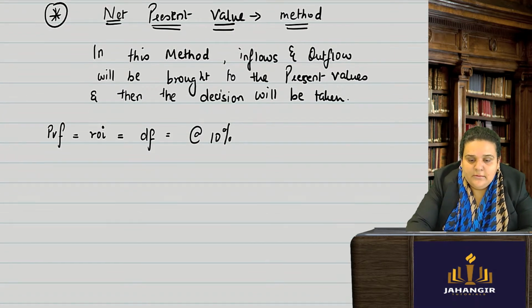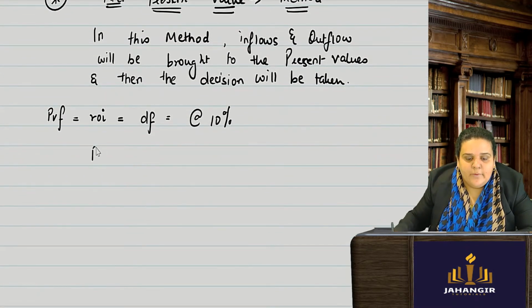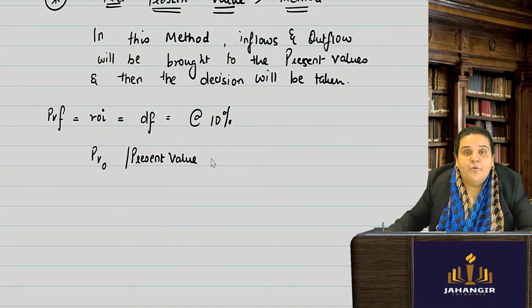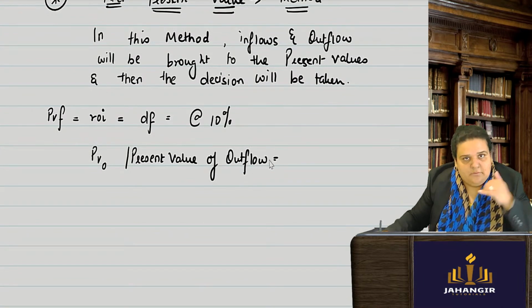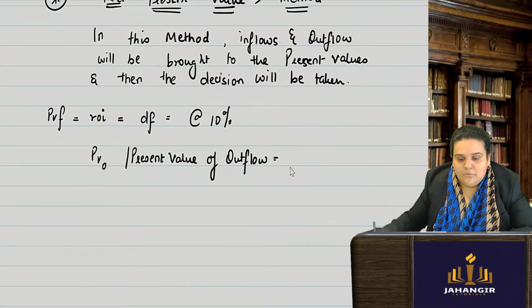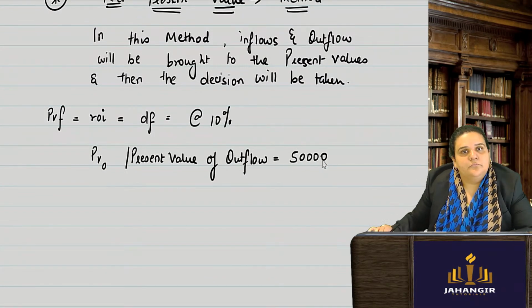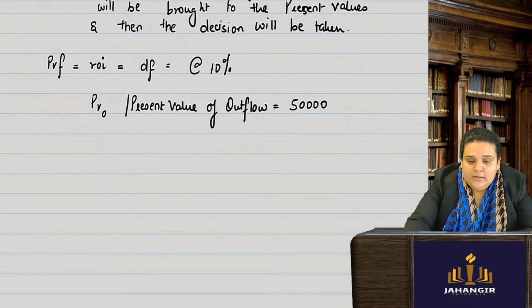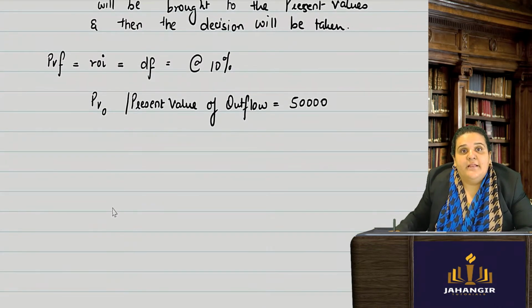My present value of the outflow, currently I am investing today, T0, is 50,000. Now I have to find the present value of my inflows.